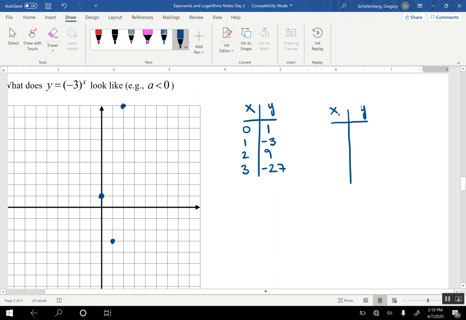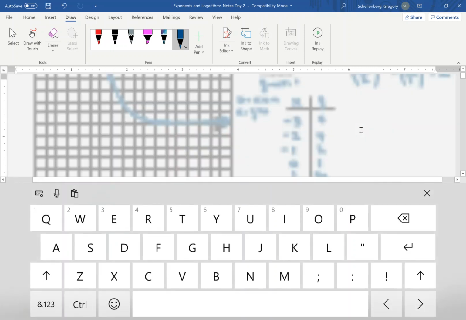Let's try negative 1, negative 2, and negative 3. Okay, so negative 3 raised to the power of negative 1, flip the base, exponent becomes positive.